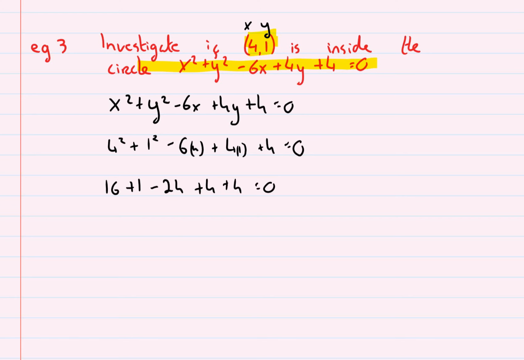And that, simplified, is 25 minus 24 equals 0. 25 minus 24 is 1 equals 0. 1 does not equal 0. 1 is greater than 0. And remember, what we slot in for the equation is greater than 0. Therefore, it lies outside the circle.